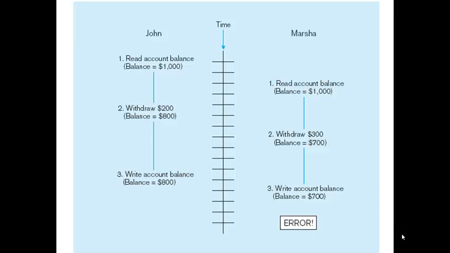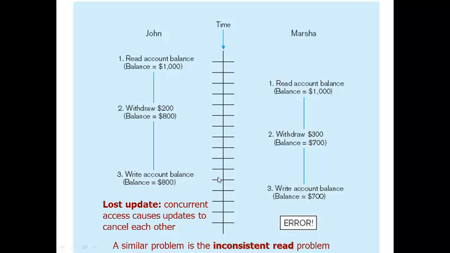Now suppose a married couple with a joint bank account. It's likely they may go to the ATM machine to make a withdrawal in different places, but at about the same time. As shown here in this picture, it's possible the wife's withdrawal will actually overwrite or destroy John's, the husband's request, and that's what we call lost update, because they're trying to process and update the balance data about the same time.